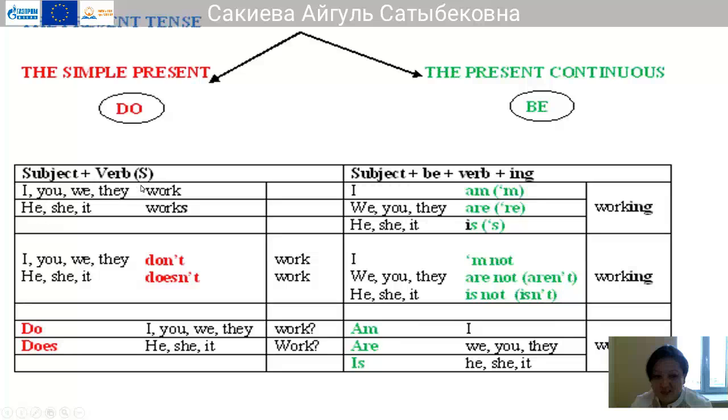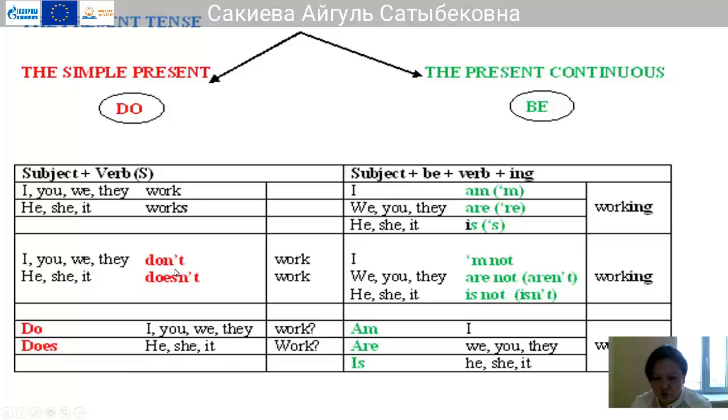But with the pronouns he, she, it, we always use works. Why? Because we add s ending to the main verb in present simple, in affirmative sentence, right? But what kind of changes happen when we talk about negative sentences?